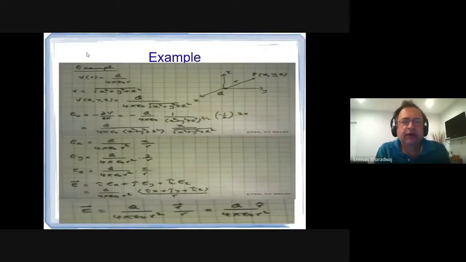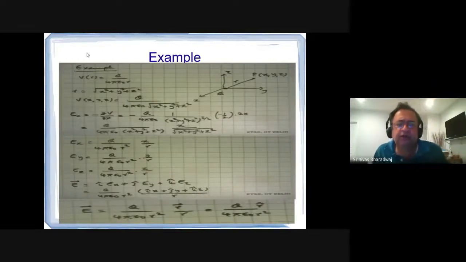And if you then wrote it in this form, let's say you have a point charge and a point, then q by 4 pi epsilon naught r, right? Then you can differentiate, negative dou v by dou x, etc., and you end up with the equation of the electric field, right?